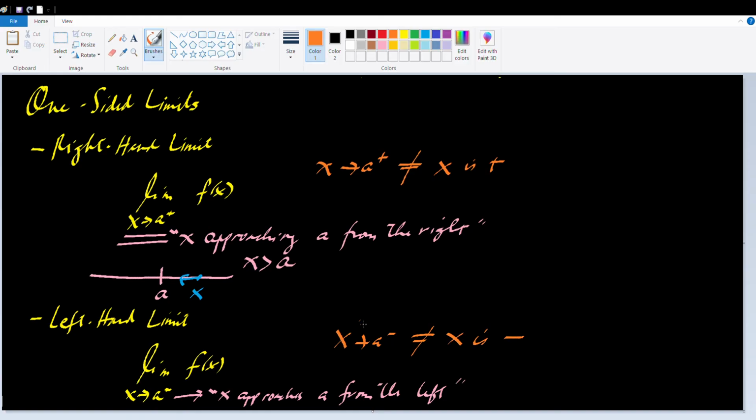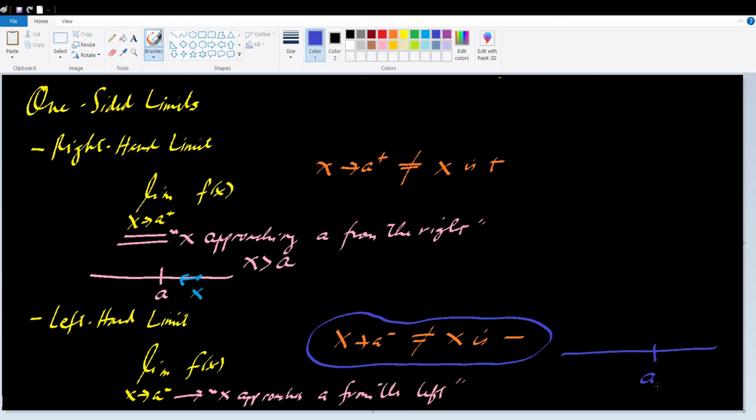That is wrong to say, that as x approaches a from the left, x is negative. It means that x is less than the number a. So on the number line, if this is your a, the x values are coming from the left of a.